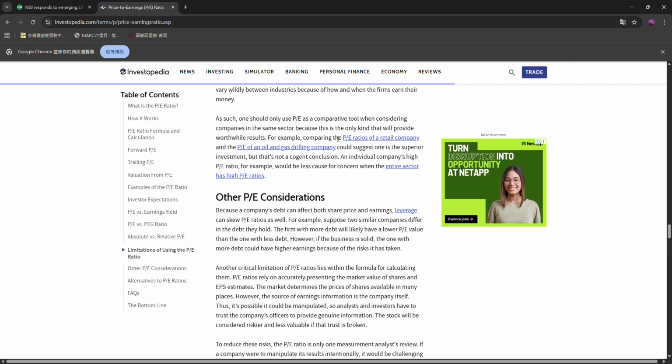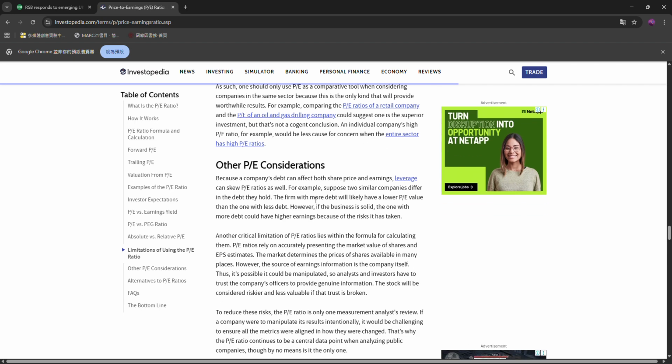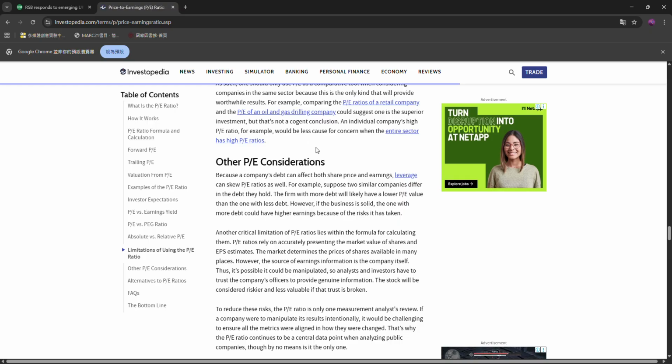For example, comparing the PE ratio of a retail company and the PE of an oil and gas drilling company will suggest one is a superior investment, which is not a valid conclusion. An individual company's high PE ratio, for example, will be less cause for concern when the entire sector has high PE ratios.